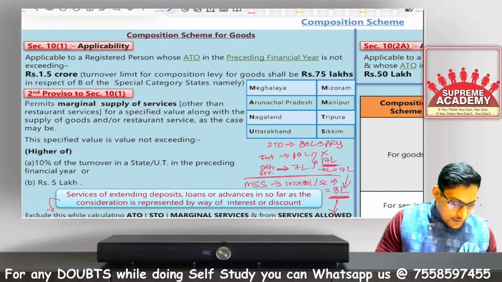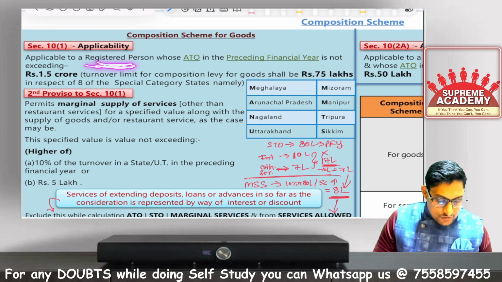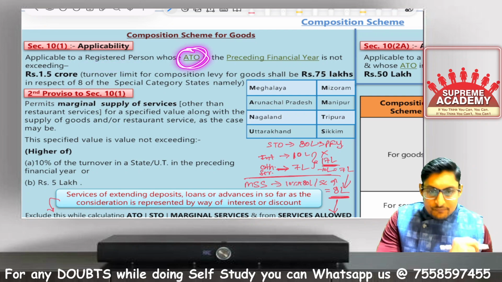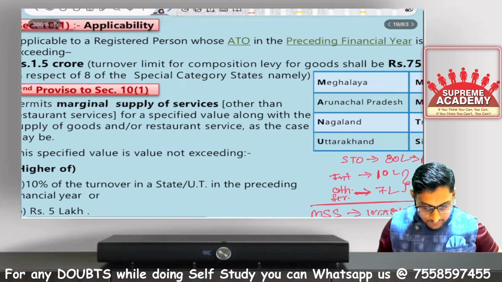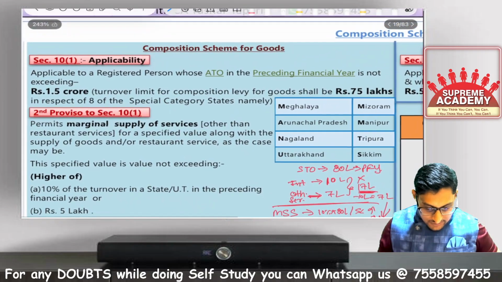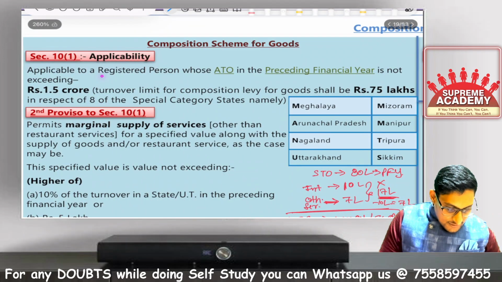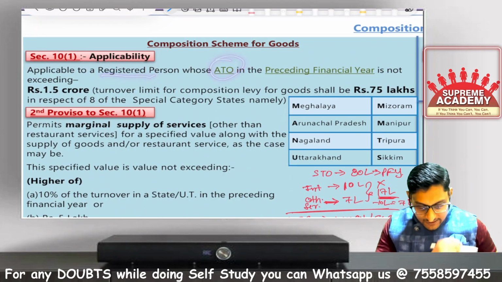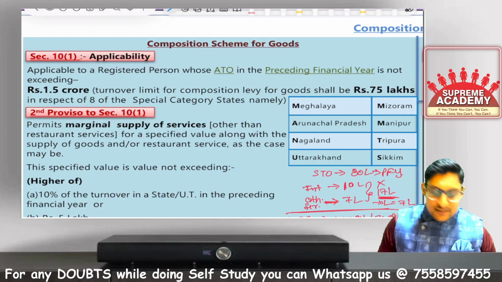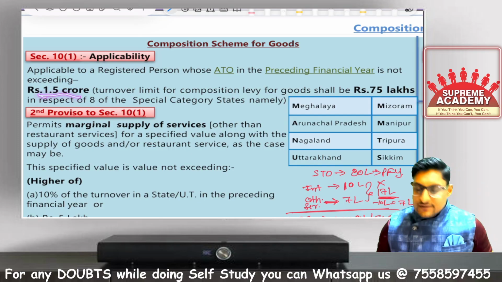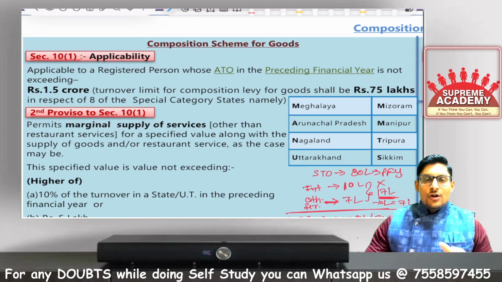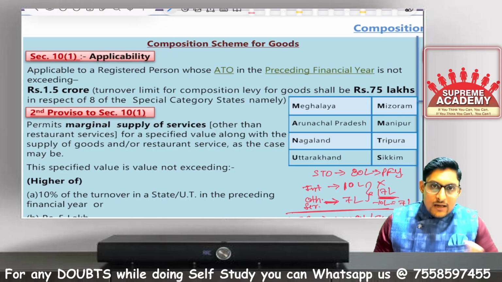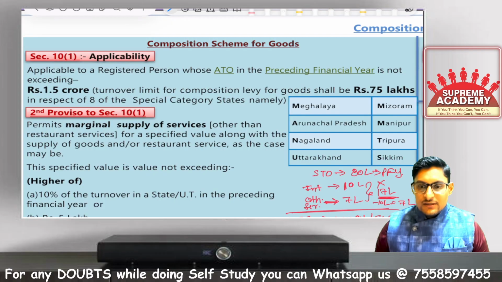The registered person whose aggregate turnover in the preceding financial year is not exceeding 1.5 crore rupees. It means the aggregate turnover of the preceding financial year was 1.5 crore or less. That registered person can apply for the composition scheme.